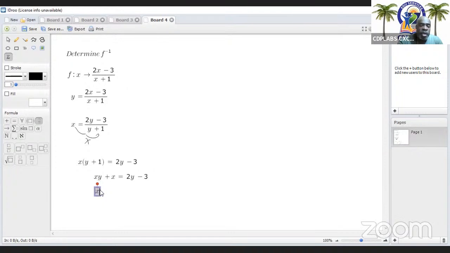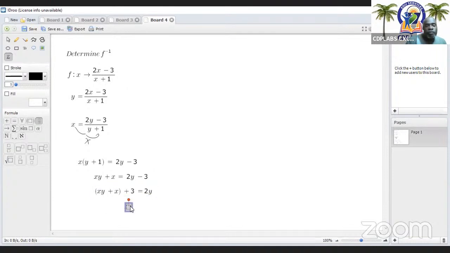So we have xy plus x plus 3, which is now equal to 2y. We can keep this as a bracket by itself.